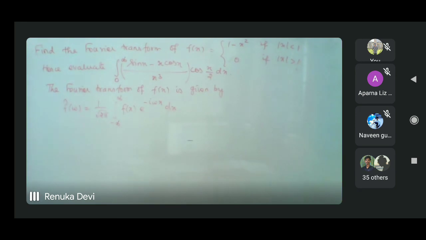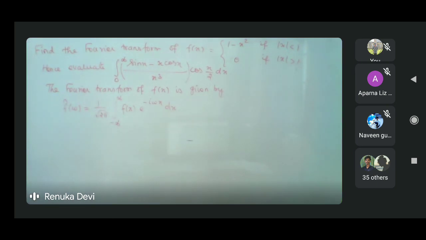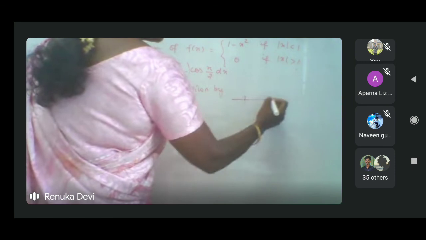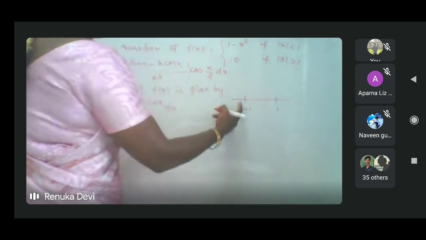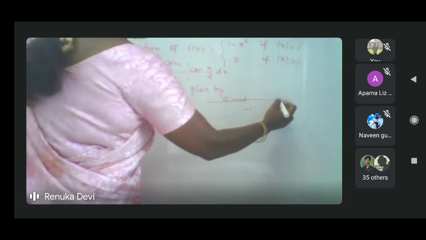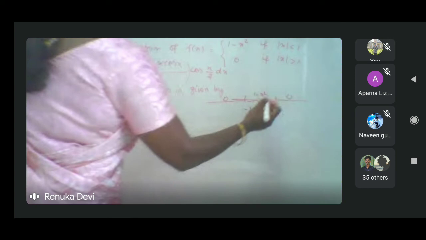For inverse Fourier transform only the variable is w. For Fourier transform here the integral variable will be x. Here also the same thing, that is here the modulus is minus 1 to plus 1. So beyond minus 1 it is 0, beyond plus 1 it is 0. In between minus 1 to plus 1 the function is 1 minus x square.